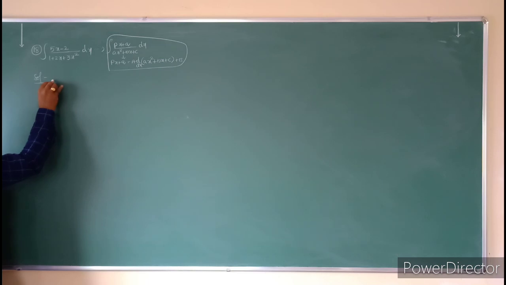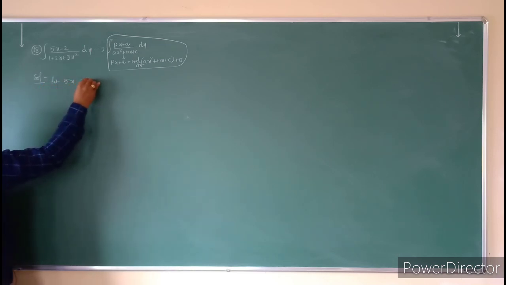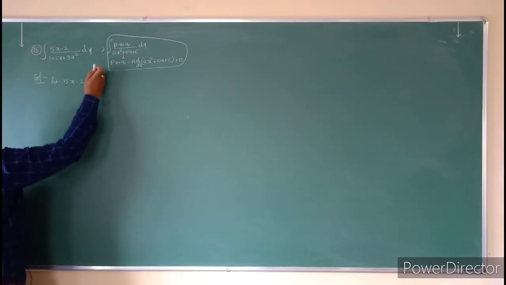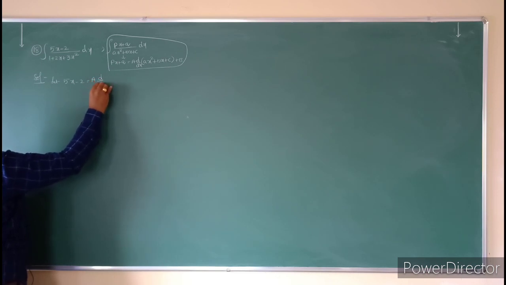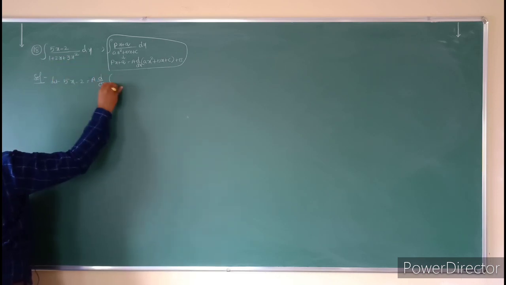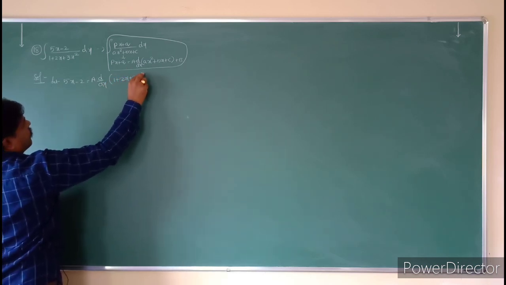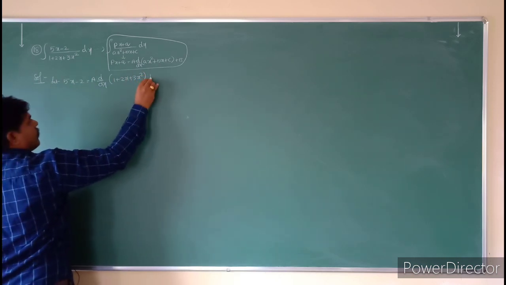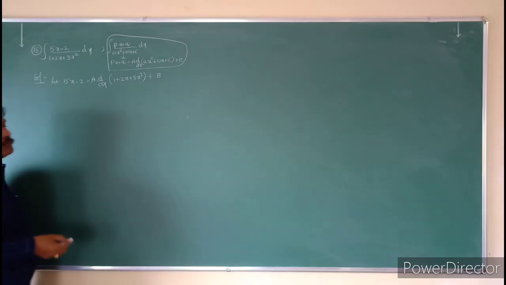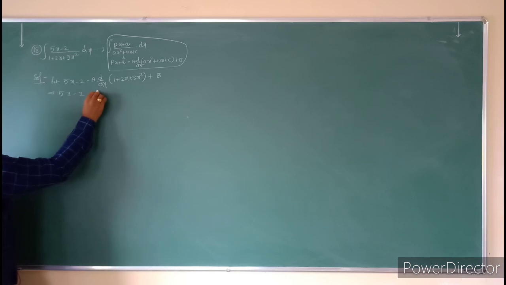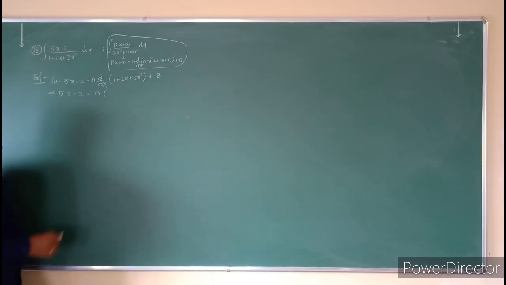So first we will take, let 5x minus 2 is equal to a into the derivative of 1 plus 2x plus 3x square, plus b. So that implies 5x minus 2 is equal to a into, what is the derivative of this?